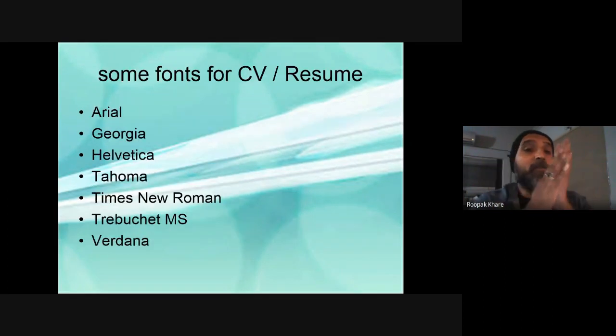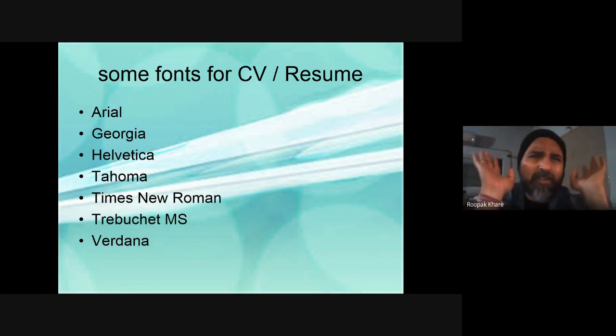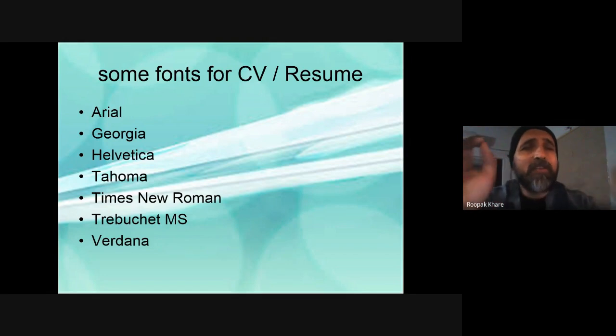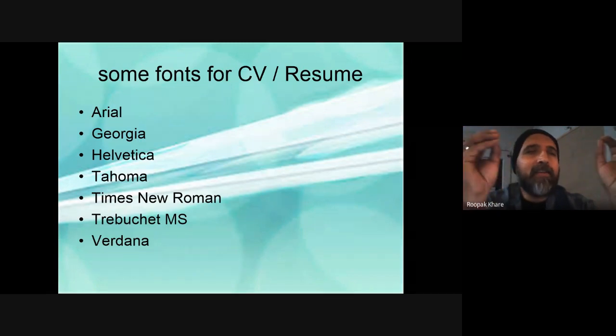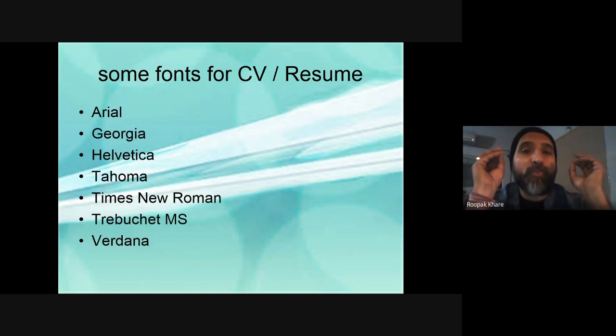Some facts about fonts that you should know. So I told you which fonts should be used. Now these fonts should not be very, very artistic, very design oriented. No, these fonts cannot be used. Only those fonts which are clear, which are smart, but which can be understood very easily, which are officially acceptable. Only those fonts should be used.